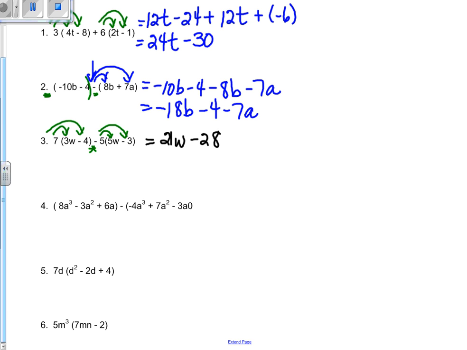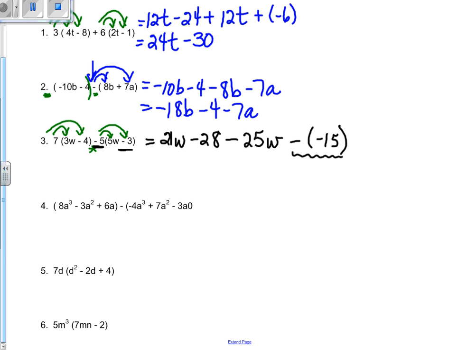Then I am going to subtract 5 times 5w, 25w. And then I am going to subtract 5 times negative 3, negative 15. Some of you noticed that you had a negative times a negative, and right away wrote that as positive 15. It doesn't matter, but you need to be very careful with your positive and negative signs.